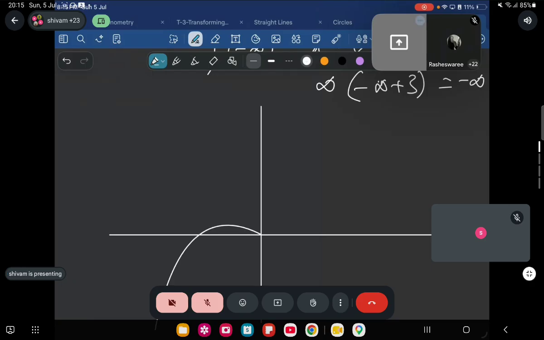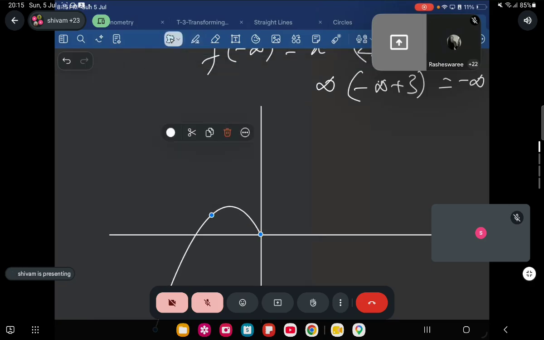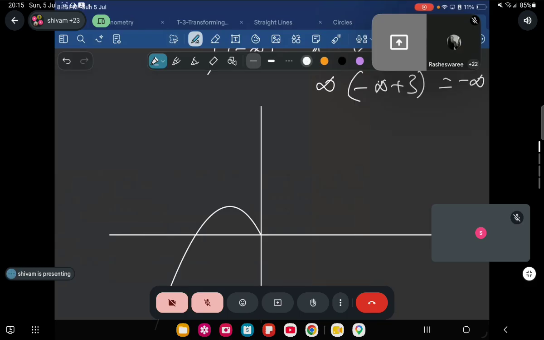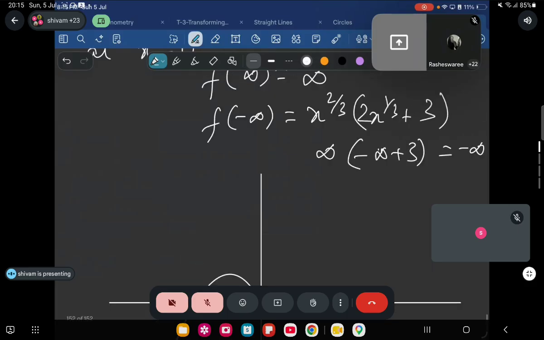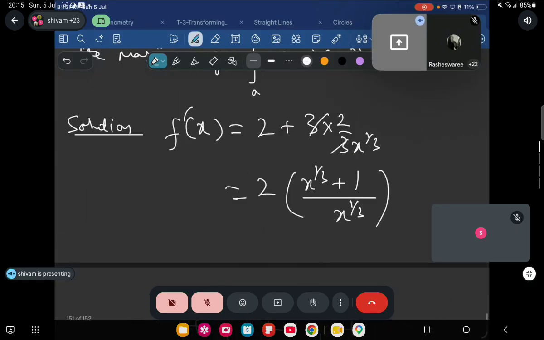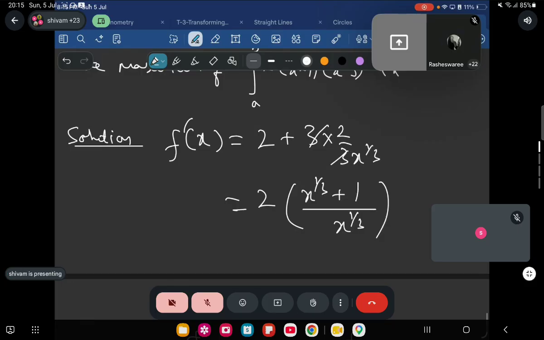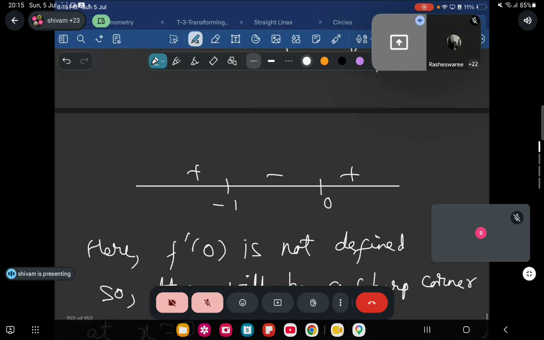Pay attention. Okay, we'll check it once. But after x equal to 0, it is concave up or concave down, that we have to see. It can be concave up, it can be concave down also. Okay, but before this, it is fine. For that, we need f double dash. Let us check the derivative only.